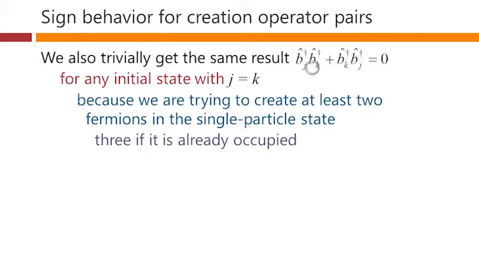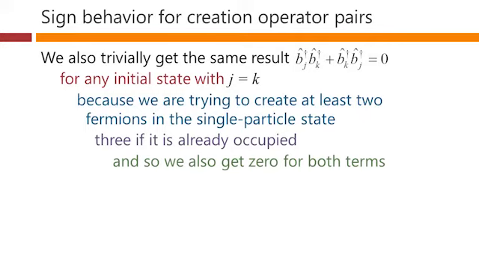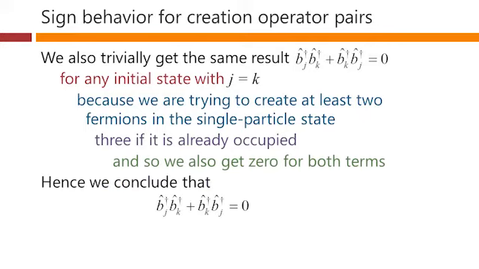So either one of these sequences must lead to 0 if J is equal to K. So we get 0 for both of these terms, and hence we conclude that this statement here is valid for any starting state. It doesn't matter whether the starting states are empty or full. This statement is always going to be correct.